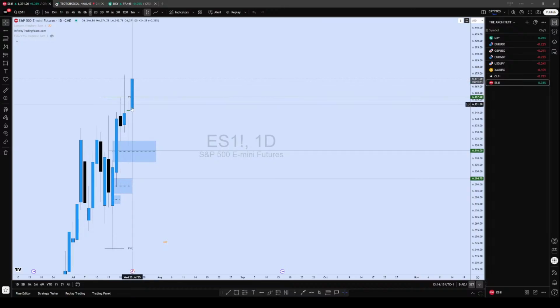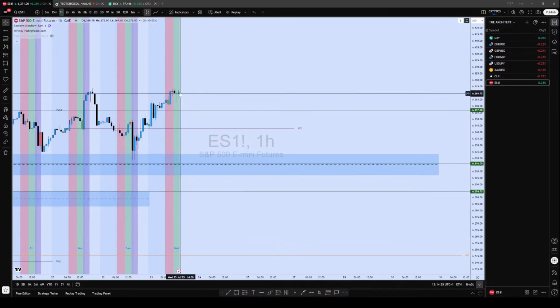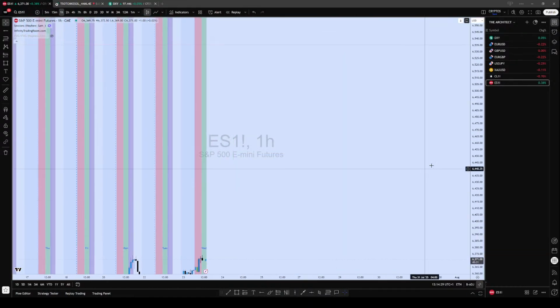So maybe this big move that is happening today with a run below Monday's low will give us a New York session fair value gap to hold on to for continuation to the upside. The upside objective still remains 6535.